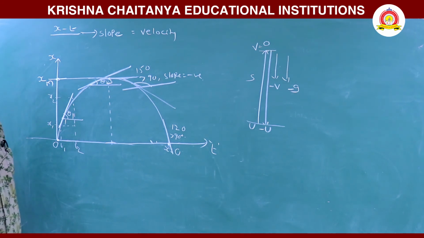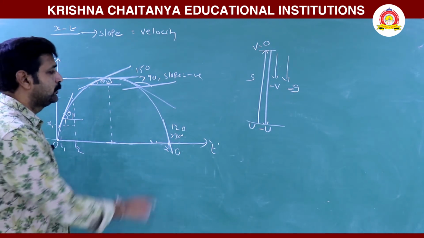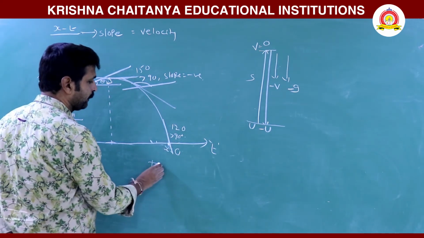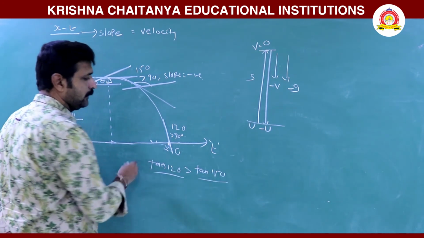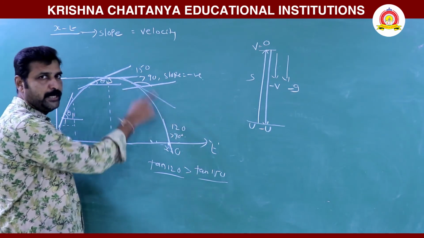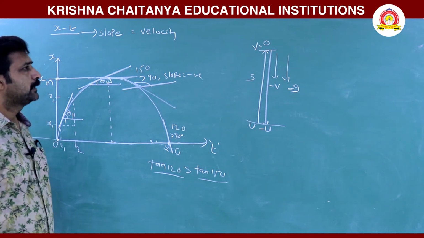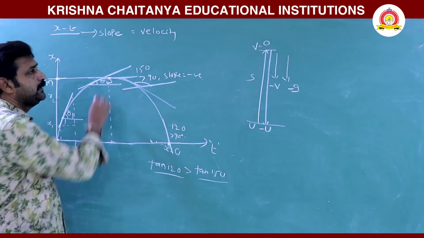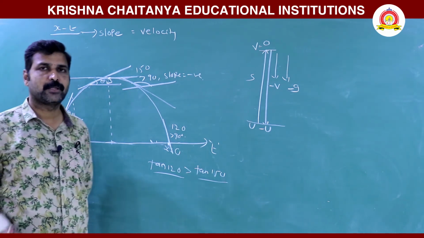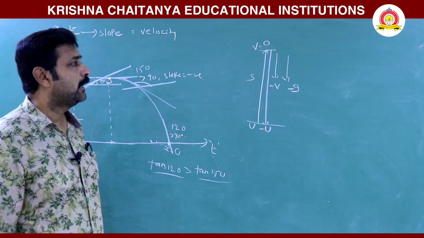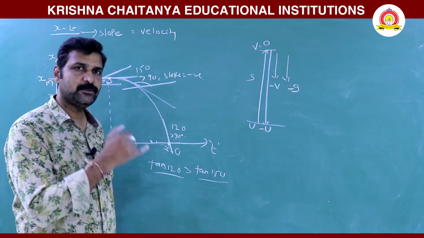So tan 150 is less than tan 120 in magnitude, as we discussed earlier. Both are negative, of course. Negative indicates direction. Why? Because when the body reaches maximum displacement and the displacement becomes 0 again, whether in horizontal or vertical motion, the body reaches the same position.